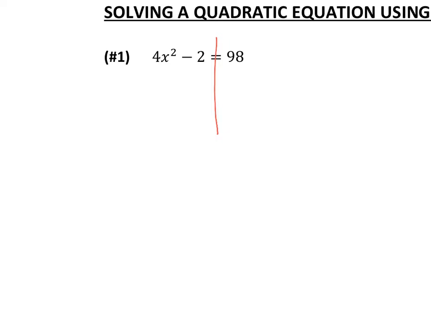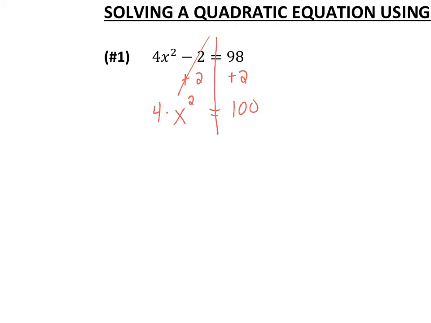So how do we cancel out a minus 2? To cancel out a minus 2 is plus 2. We get rid of that, and we're left with 4 times x squared equals 100. Okay, now we want to cancel out what's attached to that x squared to get the x squared alone.